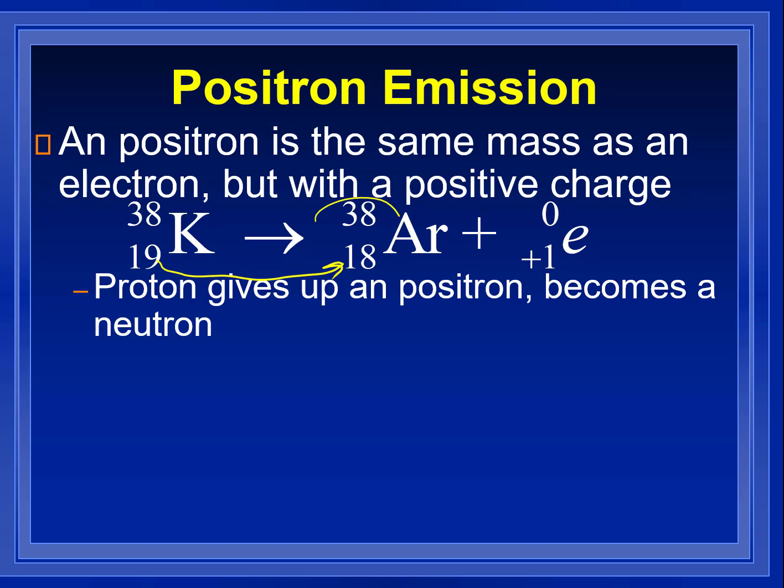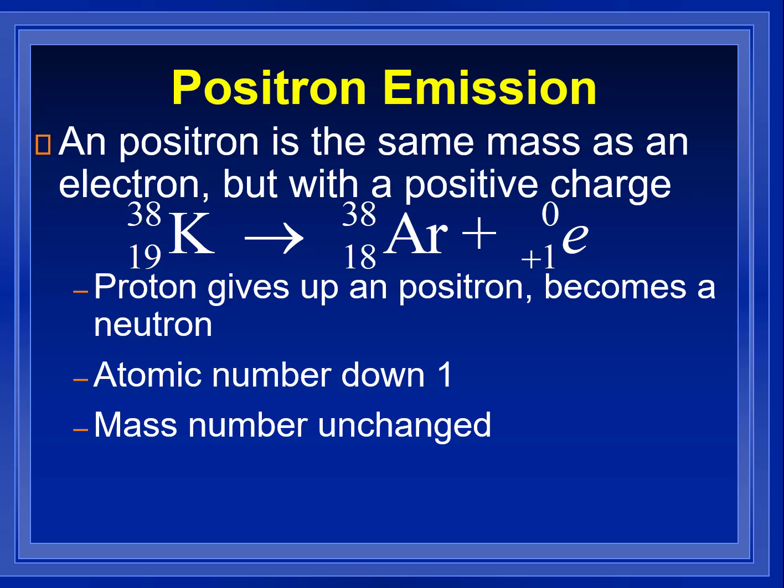But I didn't change mass numbers, so that proton that disappeared had to become a neutron. So you can think of the positron as a proton losing its positive charge, and a beta particle as a neutron losing its neutral charge. Every time we do this, the atomic number is going to go down by 1, and the mass number is going to be unchanged.